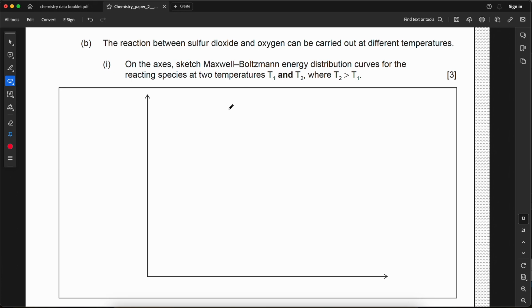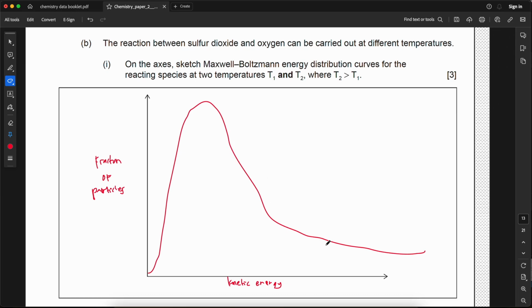The reaction between sulfur dioxide and oxygen can be carried out at different temperatures. On the axis, sketch Maxwell-Boltzmann energy distribution curves for the reacting species at 2 temperatures. The y-axis will be fraction of particles, okay, and this will be kinetic energy. So the first one, the peak will be quite high, and then you just need to make it a little bit nice here.